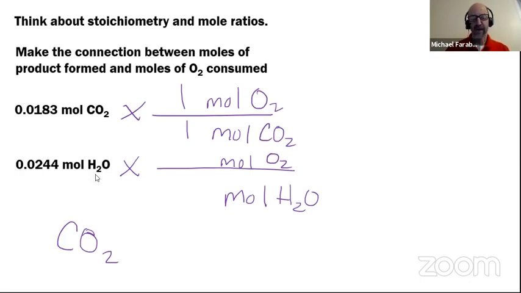In a separate way, I can focus on the H2O, but there is only 1 atom of oxygen in water. So for every 1 mole of oxygen gas that would be consumed, I would actually produce 2 moles of water. So I'm doing these separately just based on the subscripts in the chemical formulas.